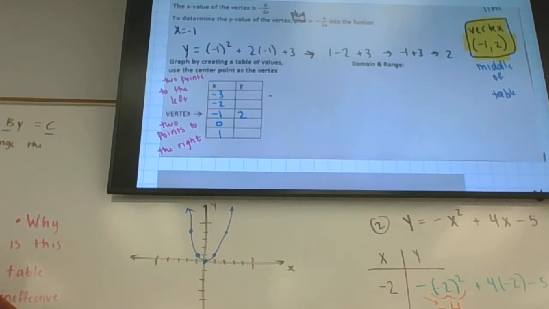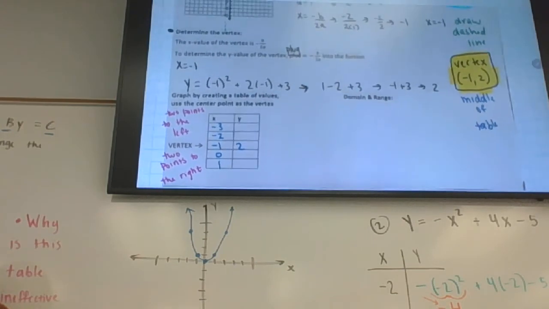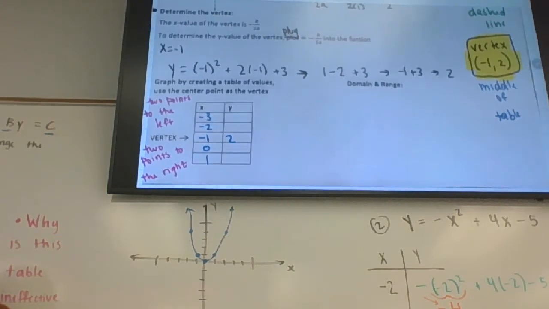And now you just got to get to work plugging in. So we're plugging into the original equation. So this would be -3 squared plus 2 times -3 plus 3.